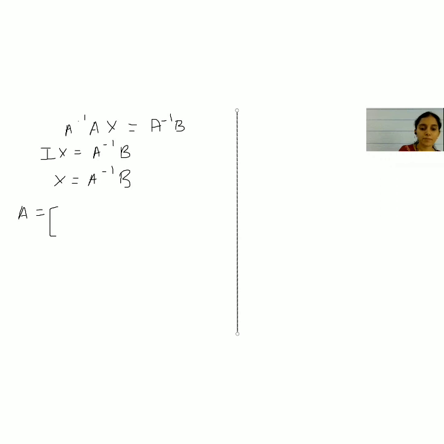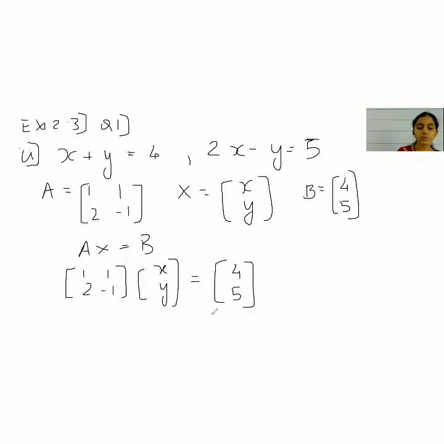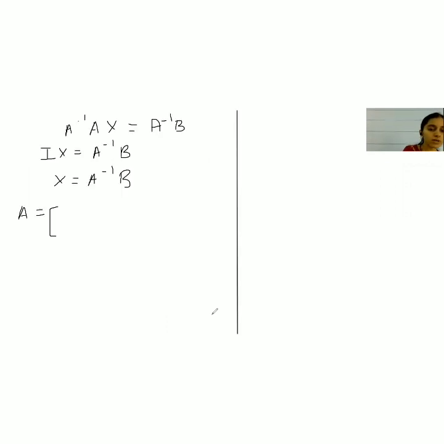So matrix A is 1, 1, 2, and minus 1. We require the matrix of cofactors. I'll do it directly now.